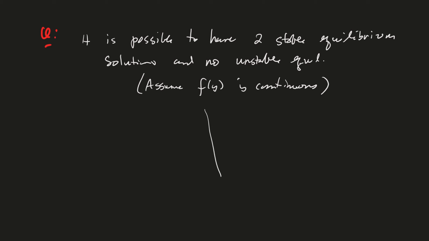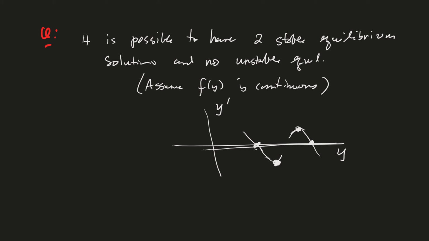It's easiest to visualize this on the y prime plane, because if we have two stable equilibria here and here, then what does the curve look like? What kind of crossings do you have? Well, you have those negative crossings. And so the question is, am I able to get from this part of the graph to this part of the graph without crossing this line? Do you recognize this setup?